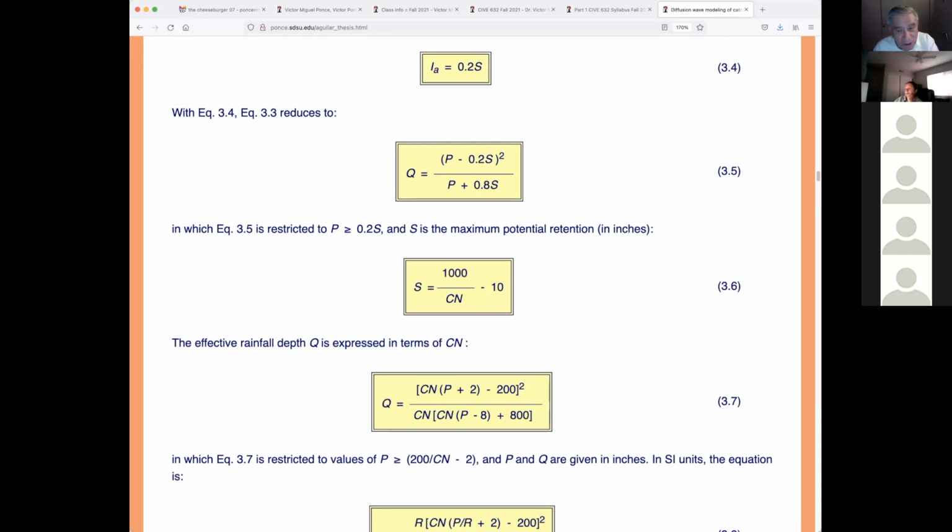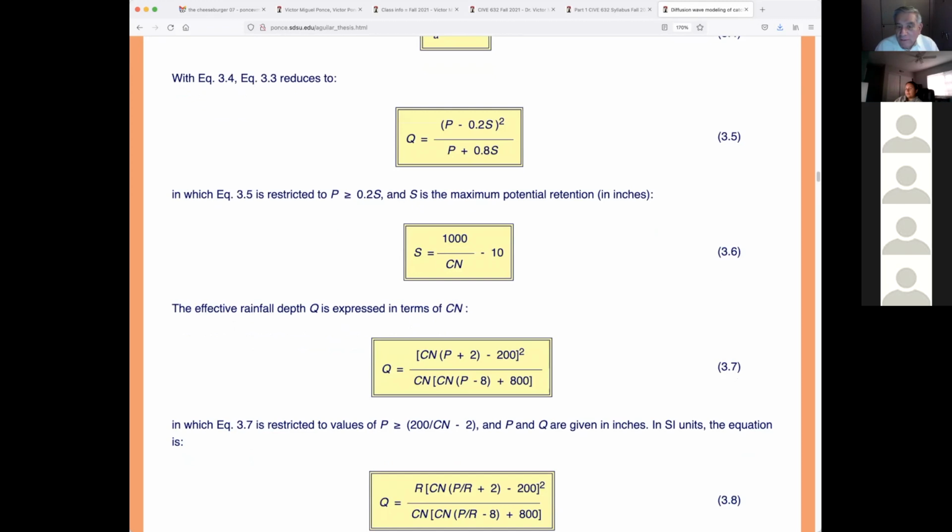The difference is that this equation is the better one, because for the curve number equal 100, the S is 0, and that's what he wanted to do. So 1,000 over 100 is 10, minus 10 is 0. That's why he did it that way. Therefore, the curve number 0 doesn't exist.